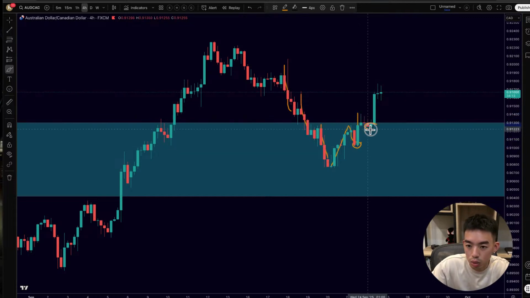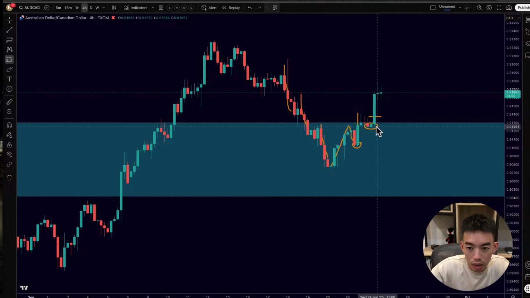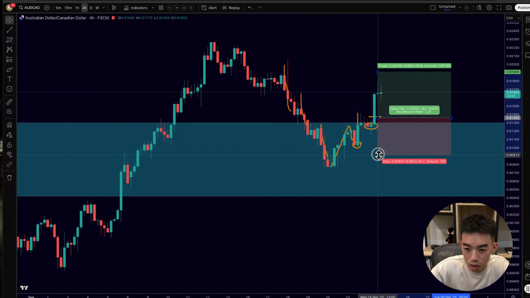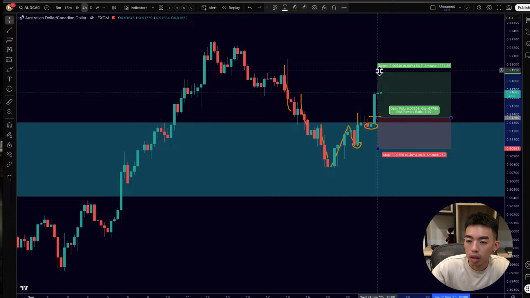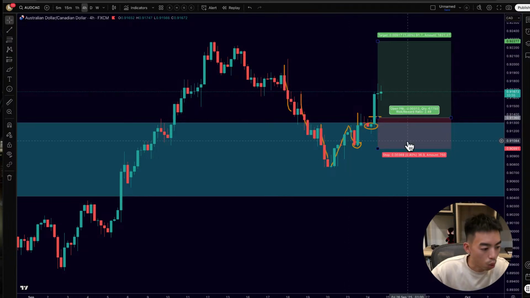We hang around here. As we hang around here, you could get in as price goes up. Now, this area here, if you were to get in, it will look something like this. Stop loss below, entry at the recent high, exit at the recent high like this. All of a sudden, instead of a 1R that we were looking at earlier, it becomes a 2.5R, right?